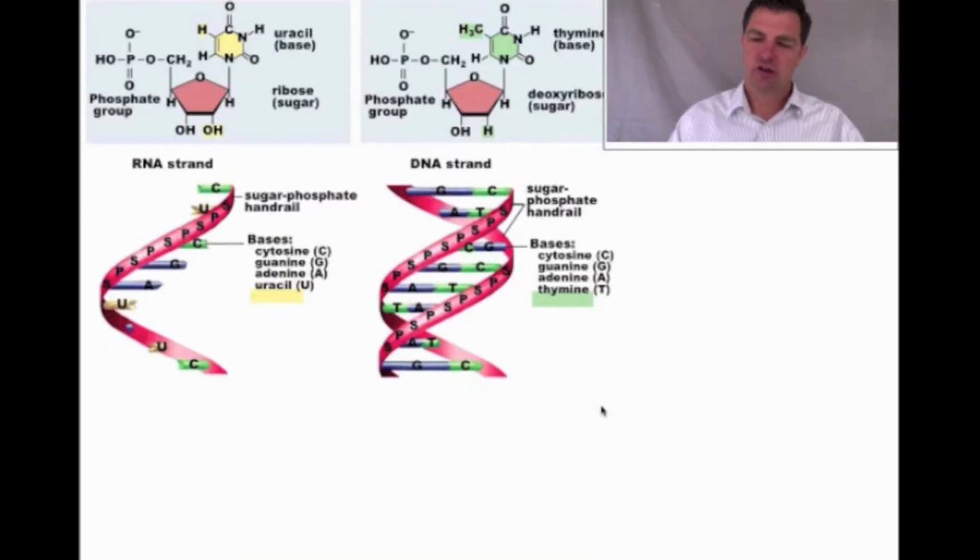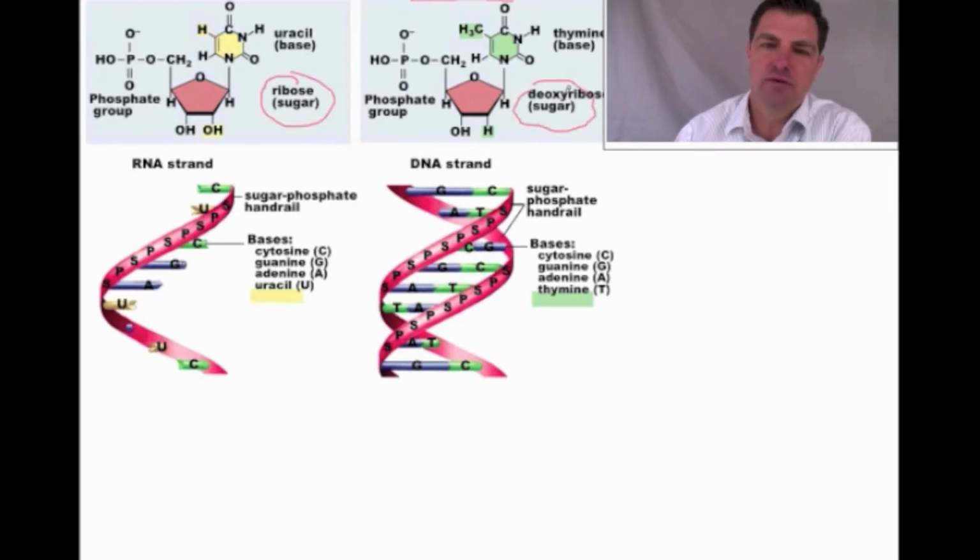Okay, so first of all, let's talk a little bit about DNA versus RNA. We have DNA and we have RNA, and for the most part, they're quite similar. They have a nitrogenous base, a sugar, and a phosphate group. In RNA, we have the sugar ribose, and in DNA, we have the sugar deoxyribose.